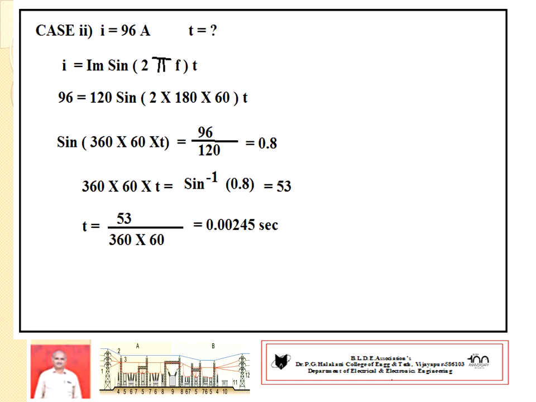Omega you replace with 2 pi f. Pi you replace again with 180 degree. F is 60. T as it is. Hence, sine of this function equals 96 by 120. We are going to get 0.8. Therefore, finally we are going to get t equal to 0.002 seconds.